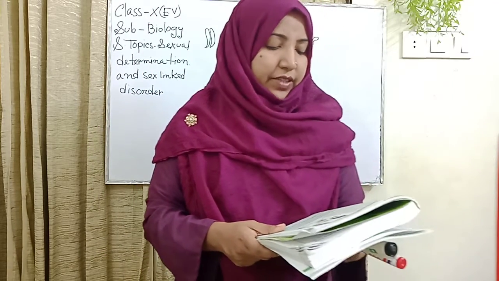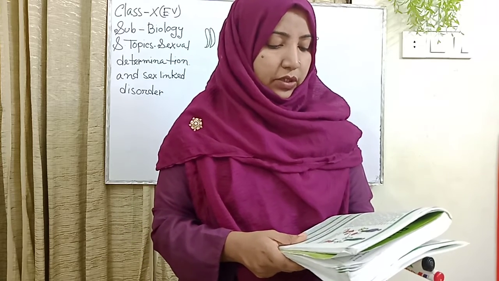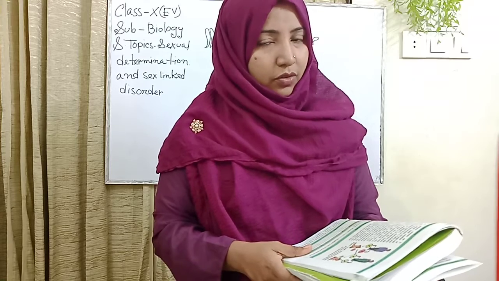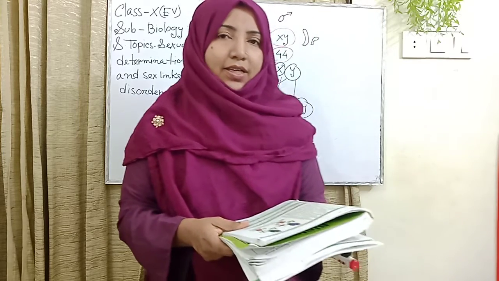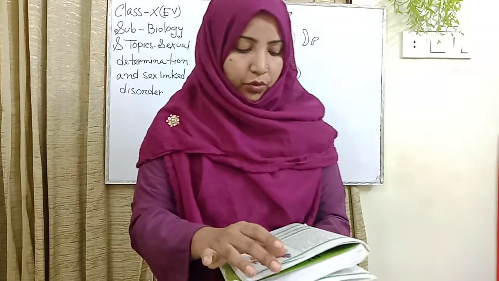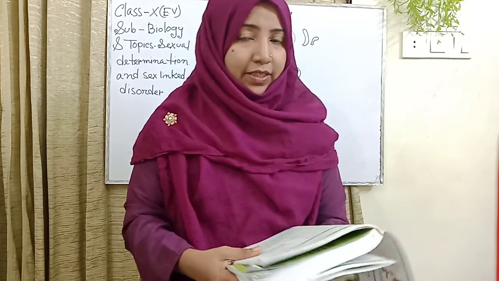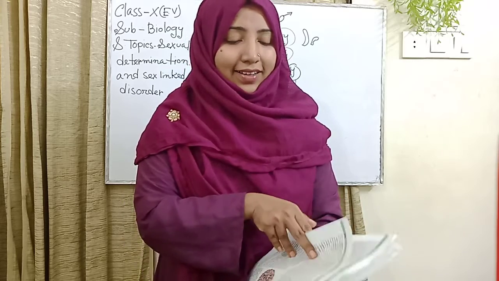In determining sex, a mother plays no role because the mother always produces eggs containing only an X chromosome. So, it's our conclusion that the father, on the other hand, produces sperms of both type X and Y. And it depends on the father whether it is a boy or a girl.